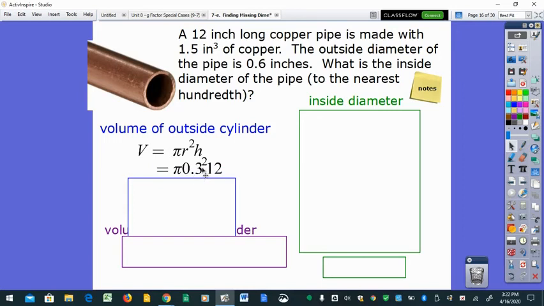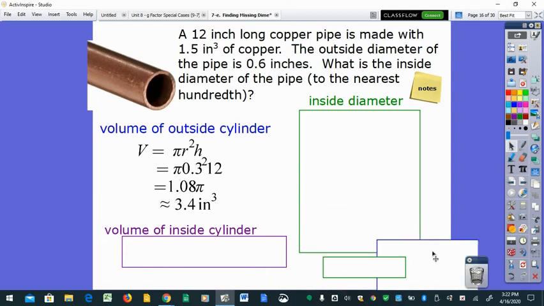I'm going to take 0.3 and square it in the calculator, multiply it by 12, and multiply by pi. And the volume, if it did not have a hole, if it was solid, would be 3.4 cubic inches.